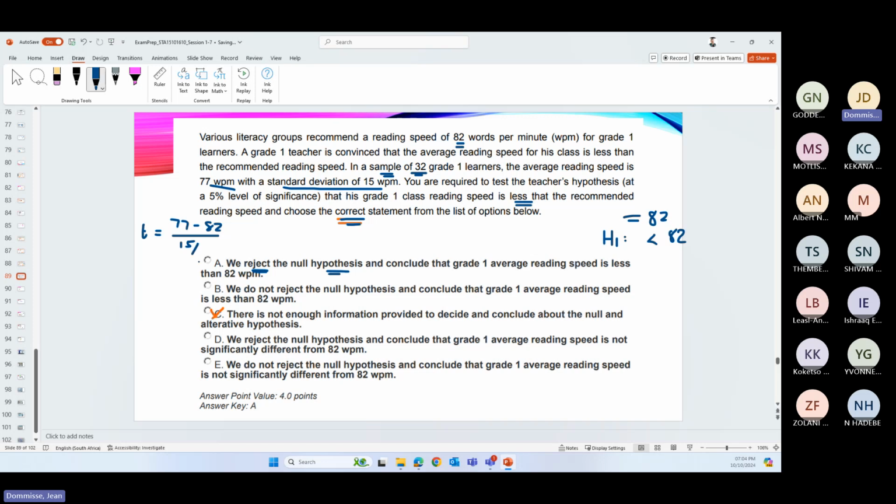It's 15 divided by the square root of 32. So that would have been, let's just quickly see, 77 minus 82, minus 5 over 15 divided by, calculator is struggling.